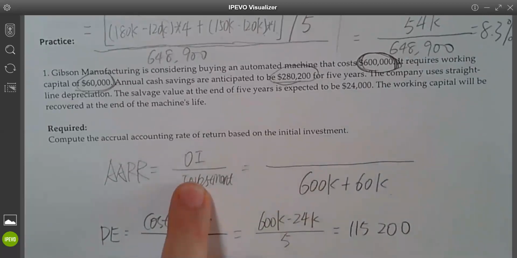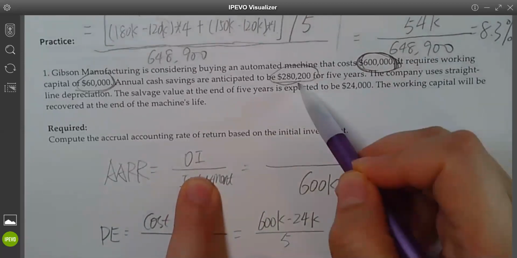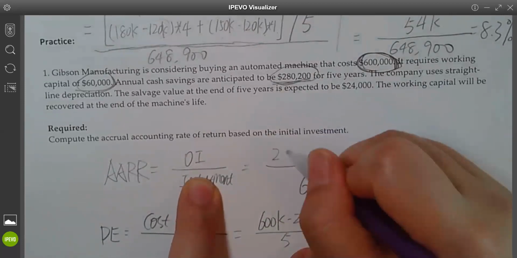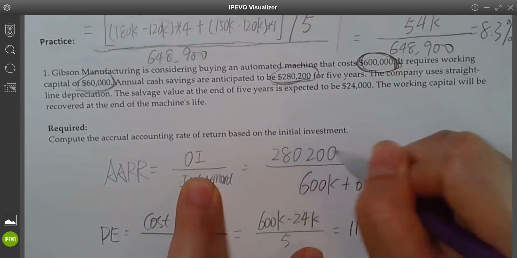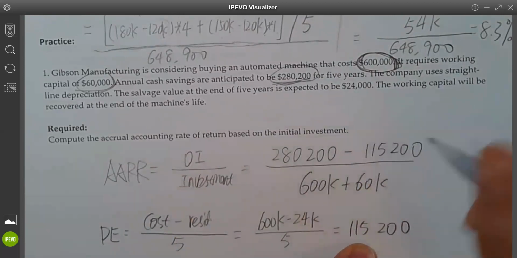My operating income will be cash minus depreciation expense. Cash is 280,200 minus depreciation 115,200.